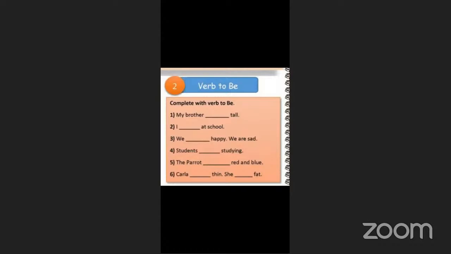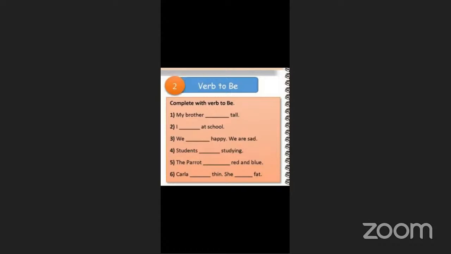Then number 6, she blank fish. Okay, children, you can write the answers, select the correct be verb, and write the answer.